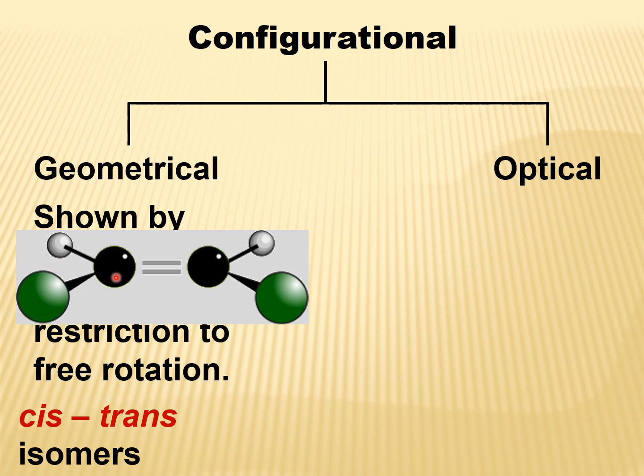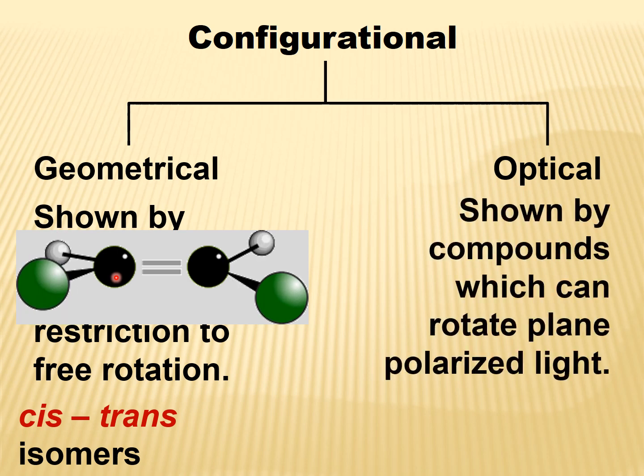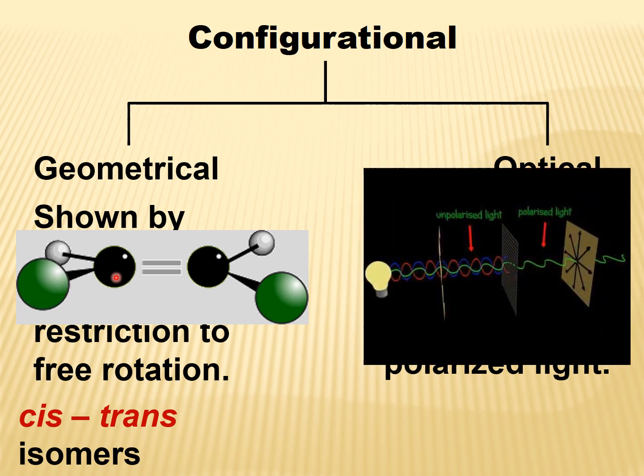Coming to optical isomers, these are compounds which can rotate plane polarized light. Now what do you mean by plane polarized light? You can look at this figure. Light has vibrations in all directions. You can see that the red one is in the x-axis, the blue one is in the y-axis, and the green one is in the z-axis. So when light passes through certain materials like a nicol prism, the vibrations in one direction only will come out, and that type of light is called polarized light or plane polarized light.